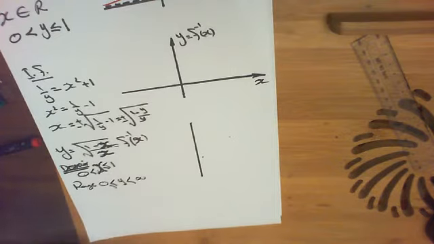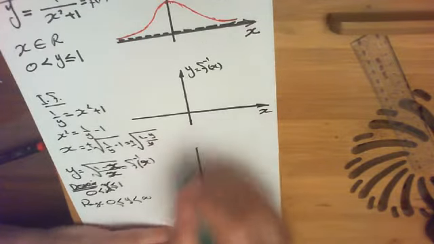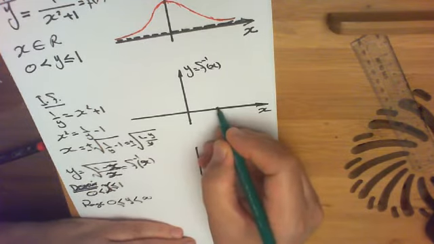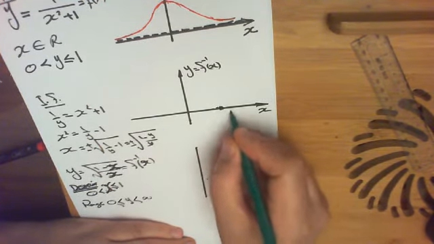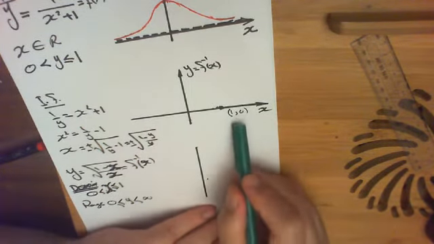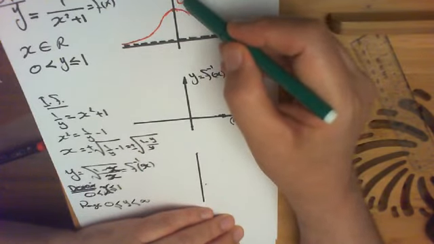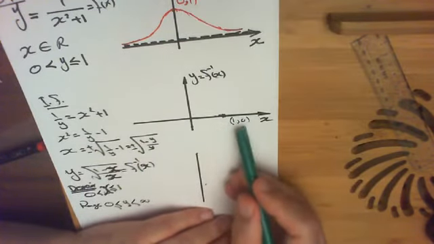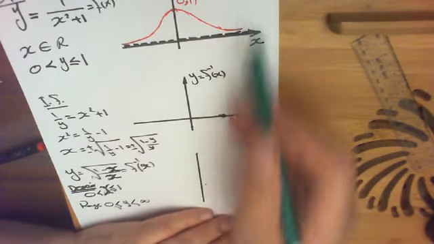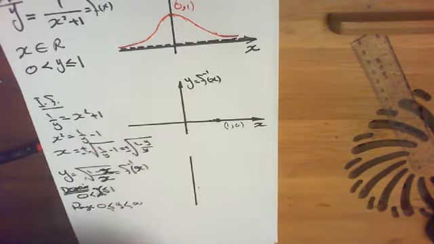So the graph of y is 0 at x equals 1. So this point is (1, 0). Okay, as you see, every point in the original function will have the values of x and y reversed in the inverse function. (0, 1) becomes (1, 0). (1, 2) becomes (2, 1). (1/2, 1/3) becomes (1/3, 1/2), and so on.